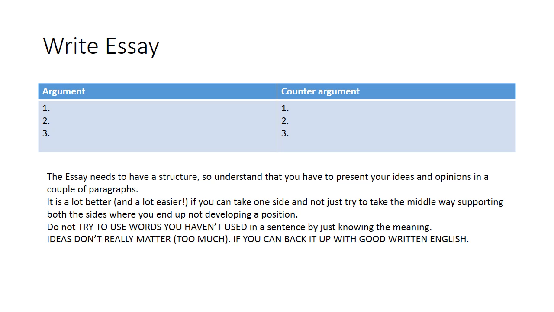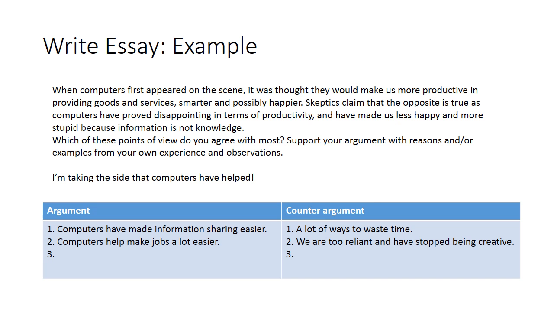Ideas don't really matter too much if you can back them up with good written English. So this test is not about your ideas, whether you can think clearly or write clearly. It's about whether you can back it up with good written English. All right, now let's take a look at examples. What this essay question is saying is, when computers first appeared on the scene, it was thought they would make us more productive in providing goods and services, smarter and possibly happier.